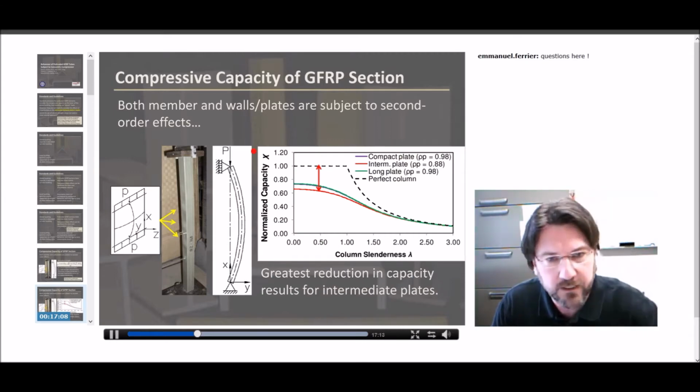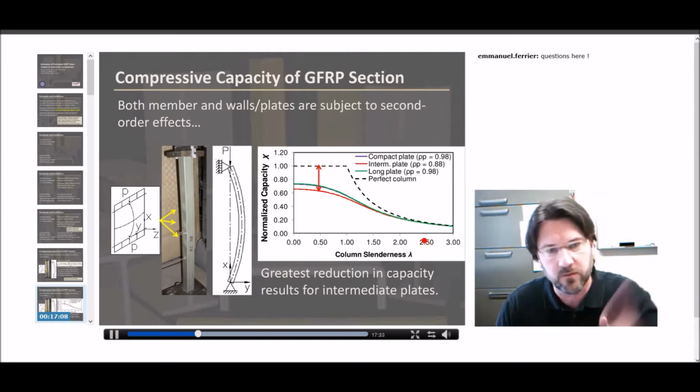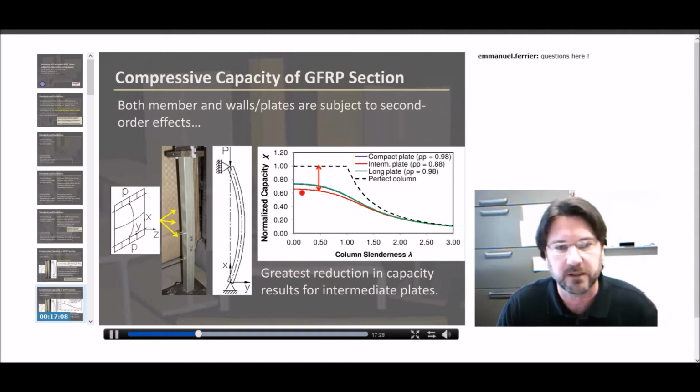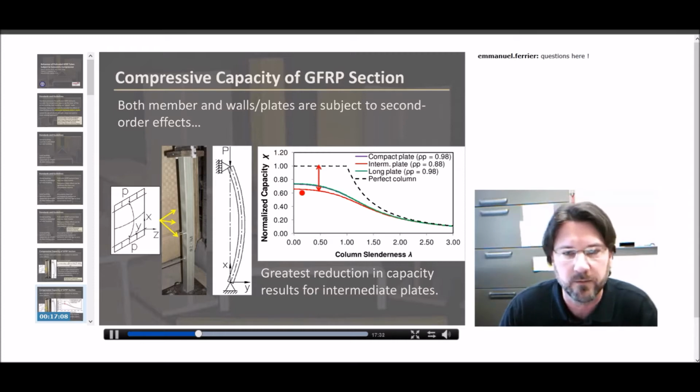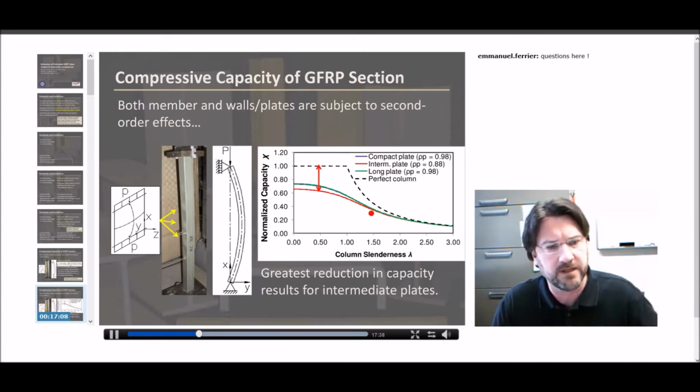Critically, one of the reasons that we need to look at this interaction is if we take a look at a normalized capacity curve, essentially that equation that I just showed, versus column slenderness, the overall slenderness, we can get our fairly traditional buckling curves. The black dotted line is our perfect column, our Euler column that we're all familiar with, and the curved lines are the reductions associated with very stocky wall sections, or very slender plates.